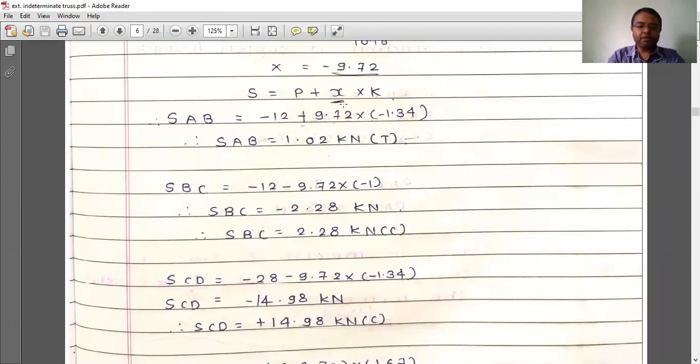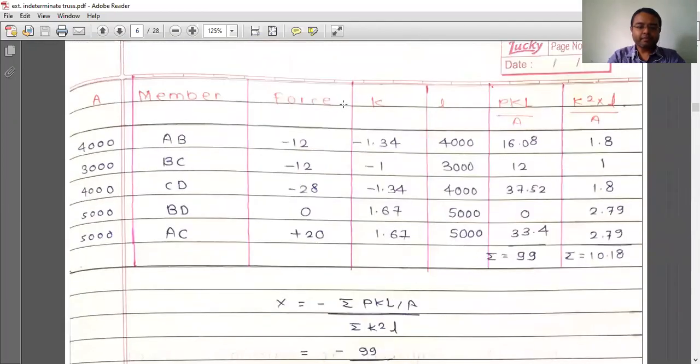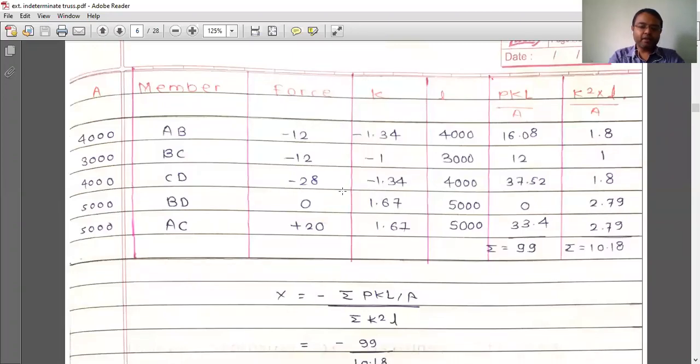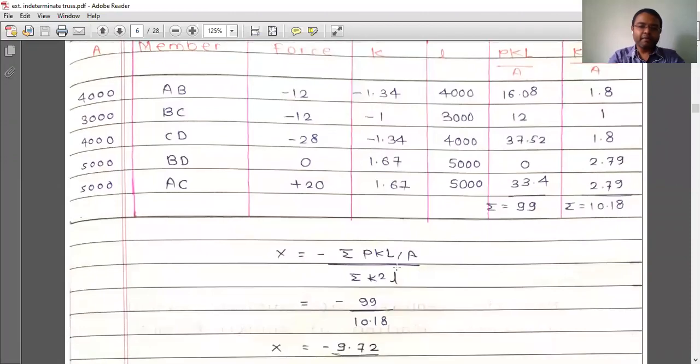So now come to this table. FAB will be equal to P, this is the P force, that is minus 12, plus X. X we have got as negative, minus 9.72, into this K value, that is minus 1.34.